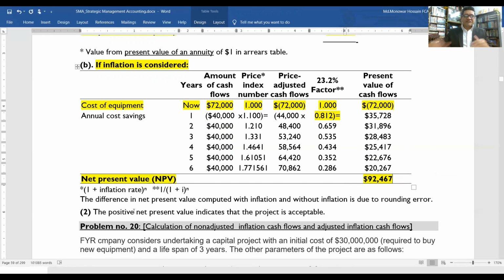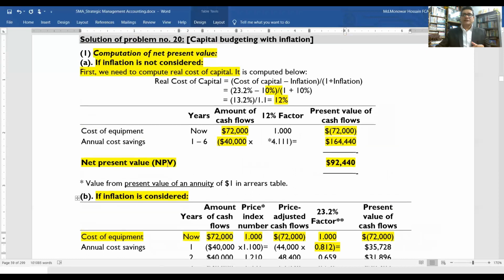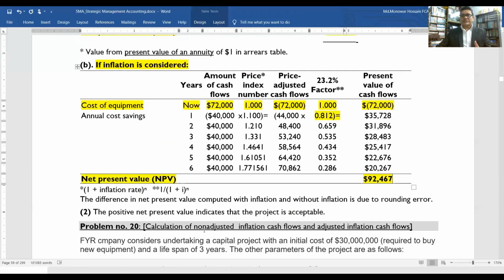So the difference is net present value computed with inflation. Without inflation is due to a rounding error, just rounding error. Look here, it's 92,440 versus 92,460. So 440, 460, just a few amendments. So we can say that both methods give us the same result.